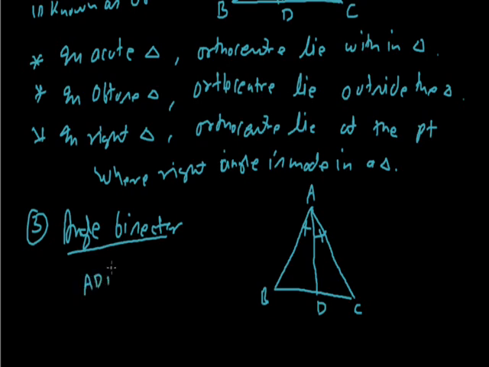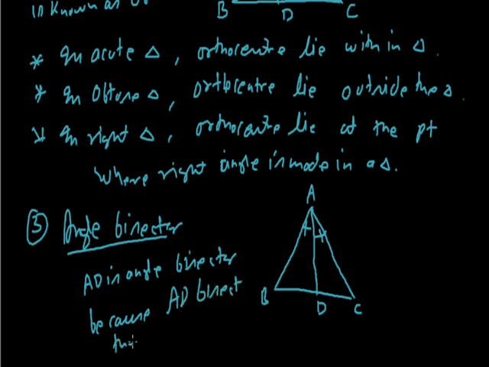So AD is the angle bisector because AD bisects the angle A.